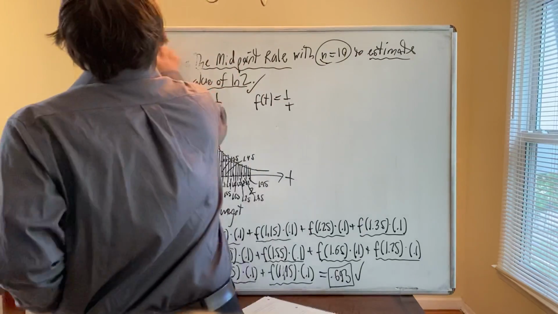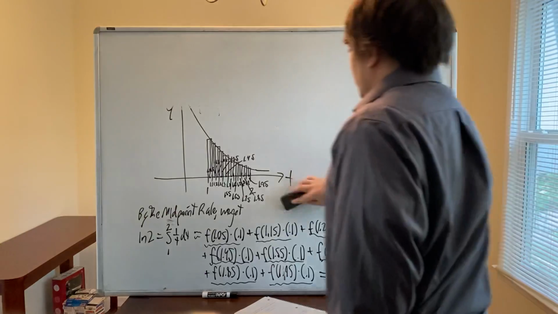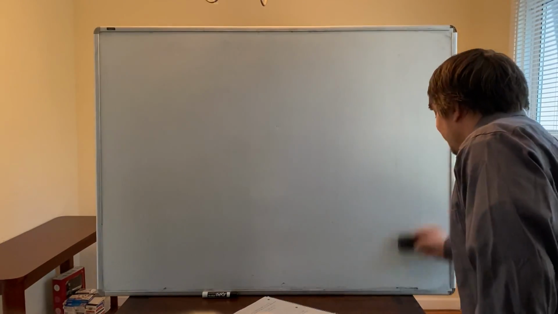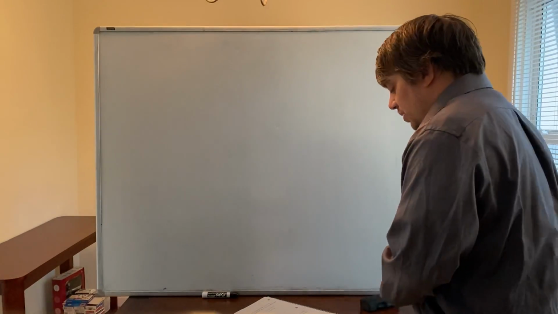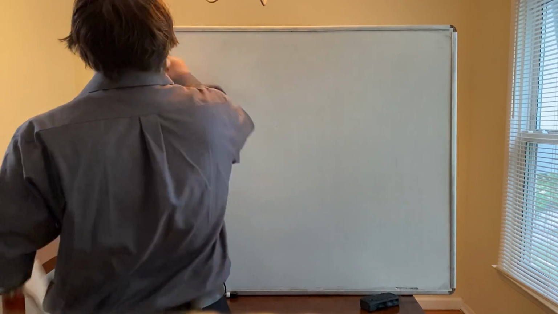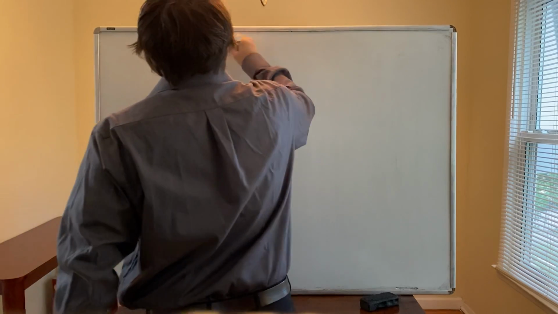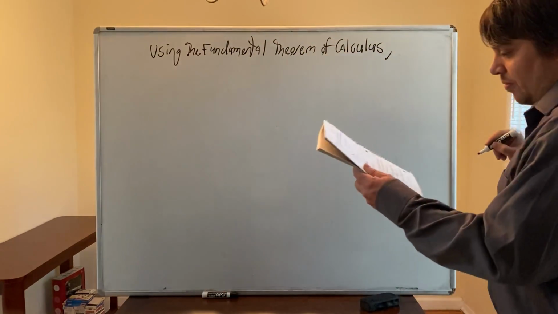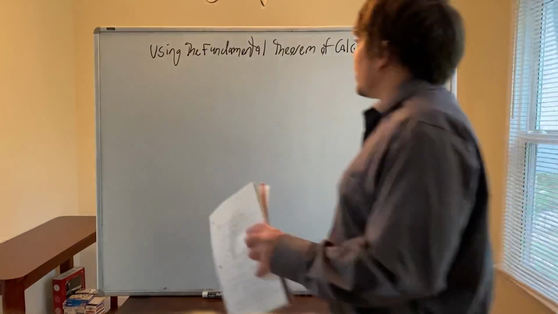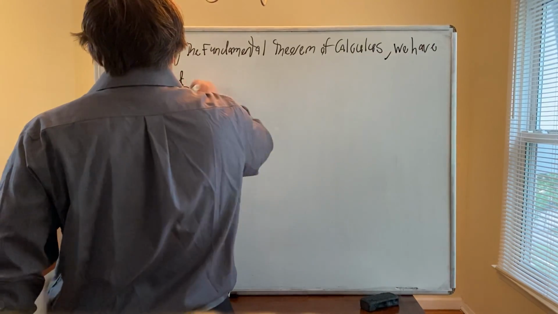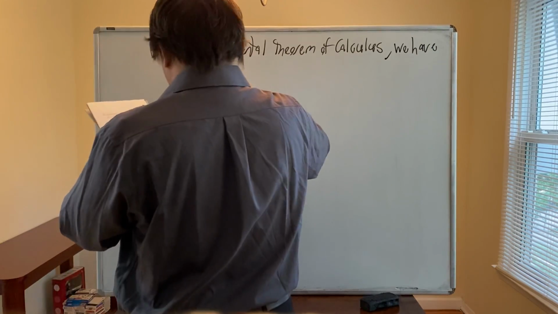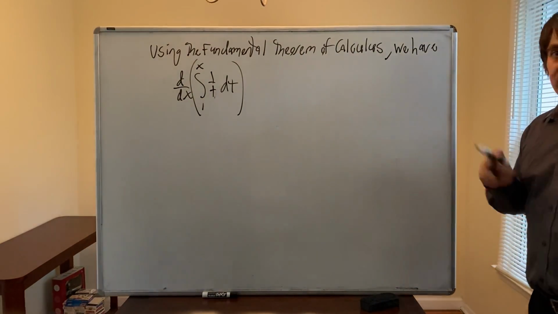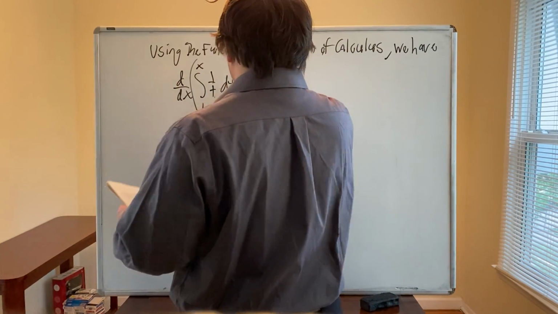Yeah, let's keep going. Okay, so using the fundamental theorem of calculus, we have that the derivative d/dx of the integral from 1 to x of 1 over t dt is equal to 1 over x.